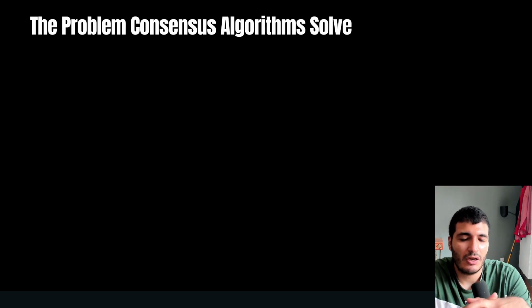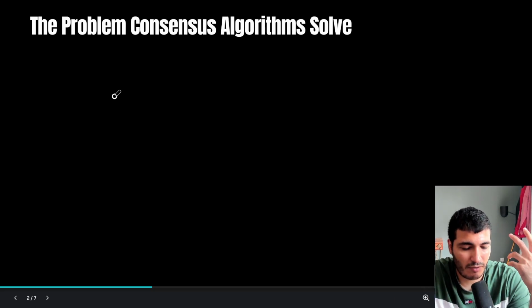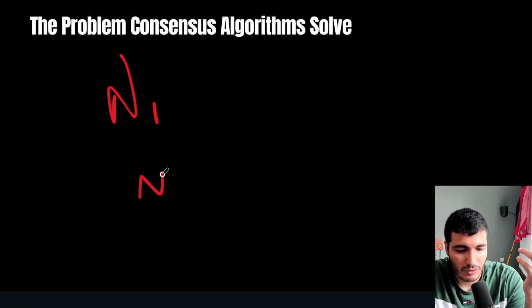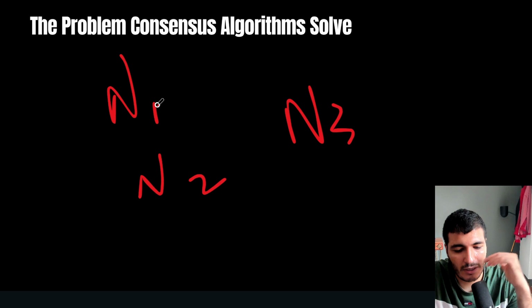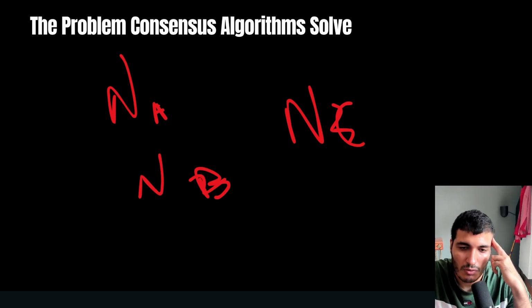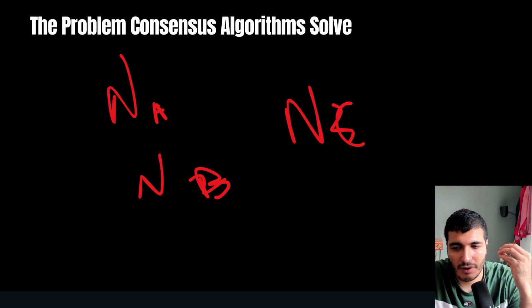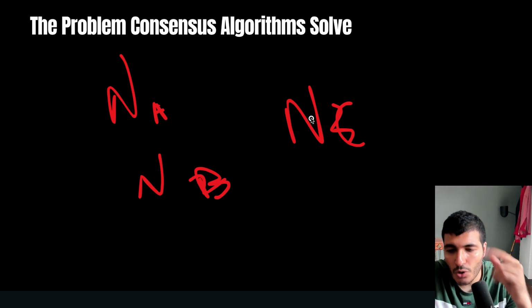You need to imagine a distributed database, okay? Let's assume that we have different nodes, N1, N2, and N3. We have these servers, or let's call them server A, server B, and server C. So let's imagine that if node A updates a record, how do nodes B and C know about that record?